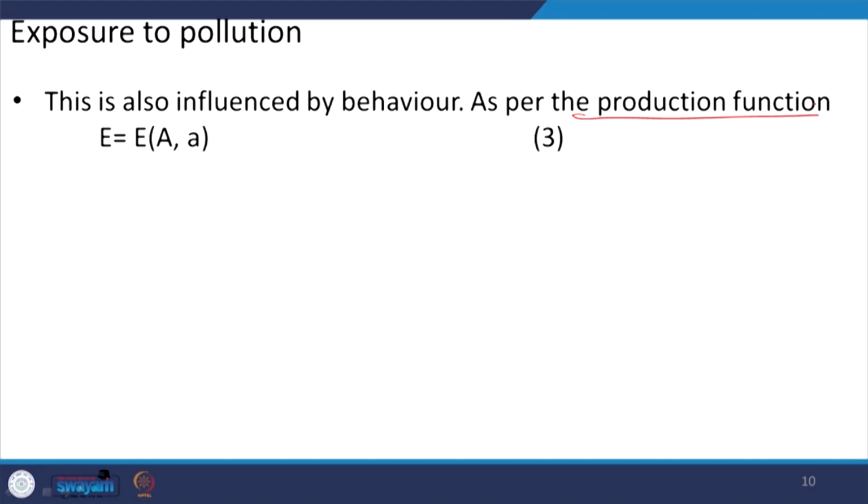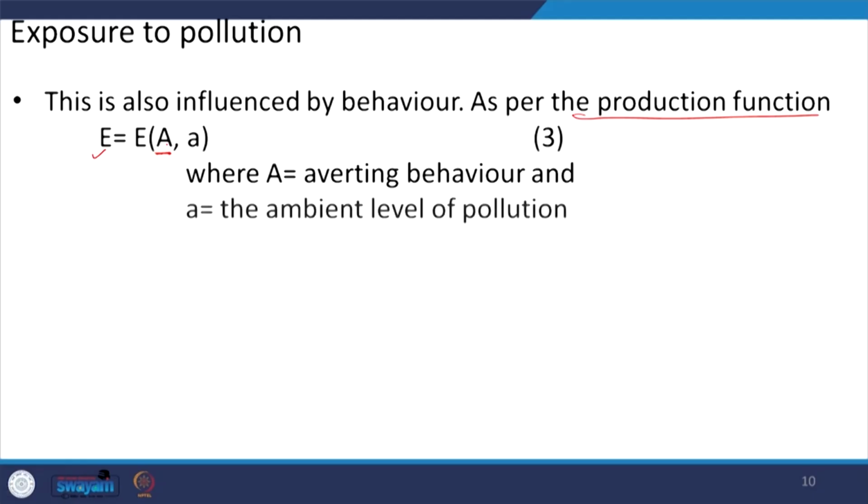That means your exposure to the pollution depends upon certain parameters, certain variables. So, what are these variables on which your exposure to pollution depends? Your exposure to pollutions is impacted by the averting behavior, that is A, capital A, and the ambient level of pollution, that is alpha.